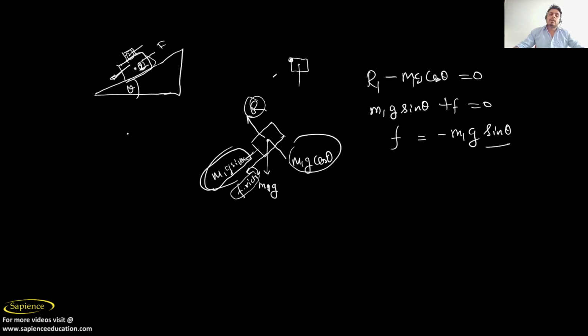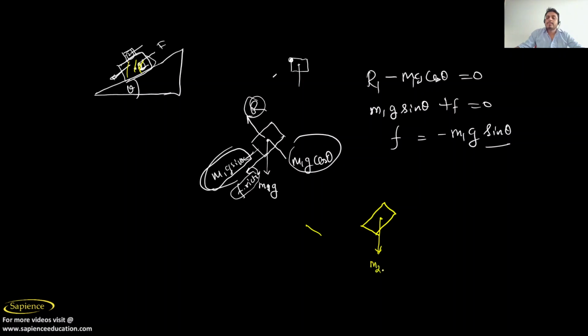Now I will talk about body 2. I am doing it with color 2. So how can you draw body 2's free body diagram? This is the structure. How much mass does it have?